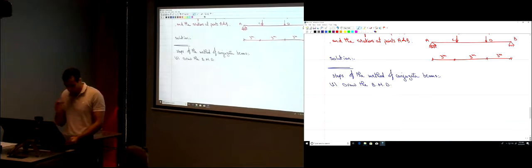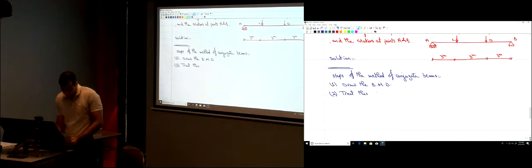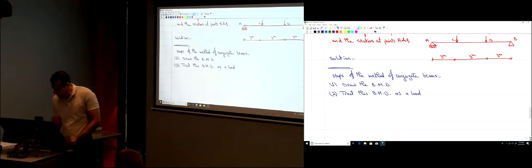Okay, so you start by drawing the bending moment diagram, and then, okay, you treat this bending moment diagram as a load applied on the conjugate beam.